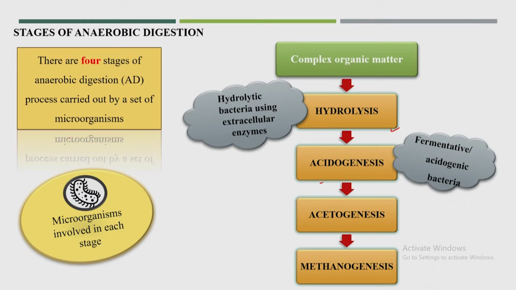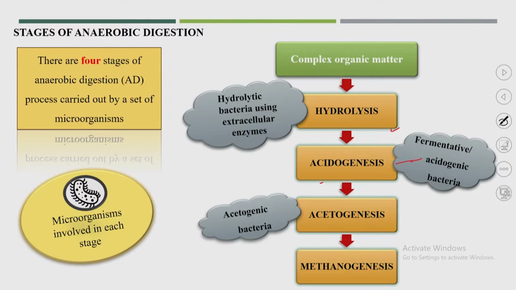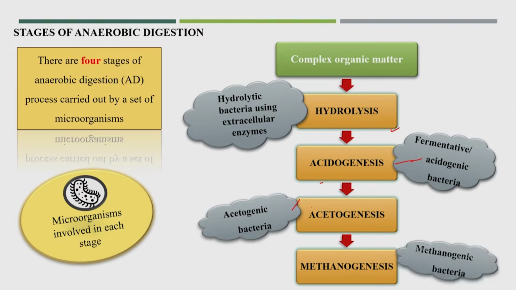In acidogenesis, fermentative or acidogenic bacteria will work, and in acetogenesis, acetogenic bacteria. This group is called acid forming bacteria, and finally in methanogenesis we get methanogenic bacteria or methane forming bacteria.